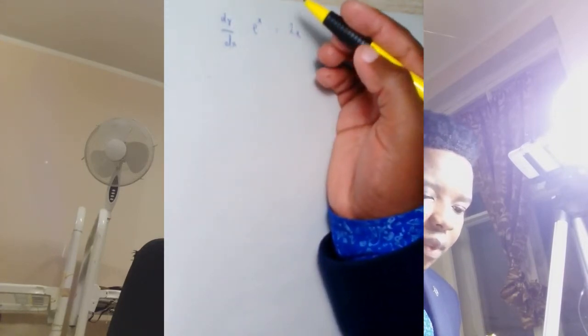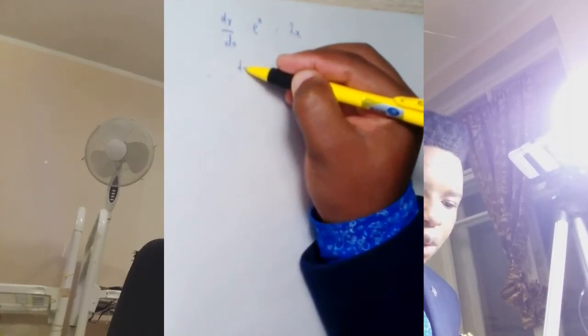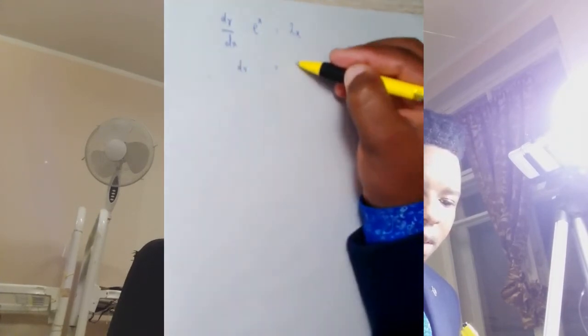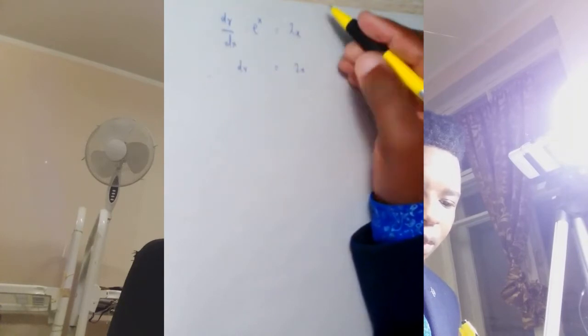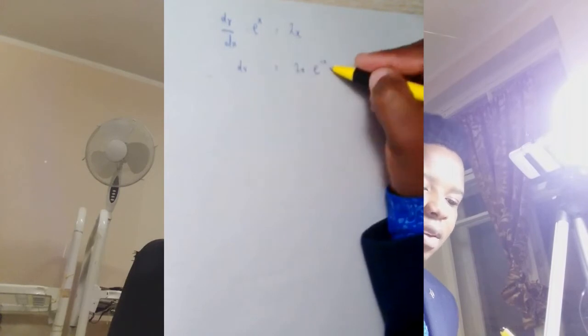Now I can split, and on the left side I'll be left with dv is equal to 2x multiplied by exponent to the power negative x dx.